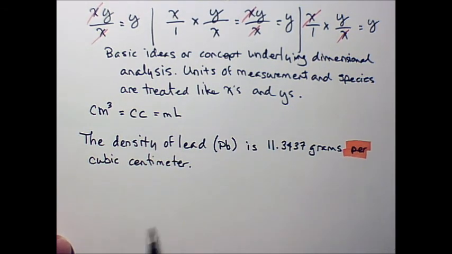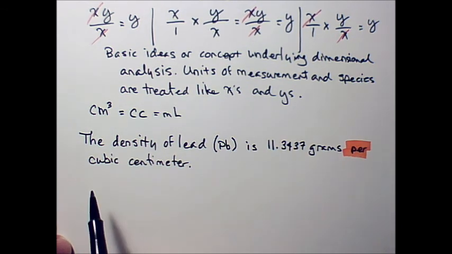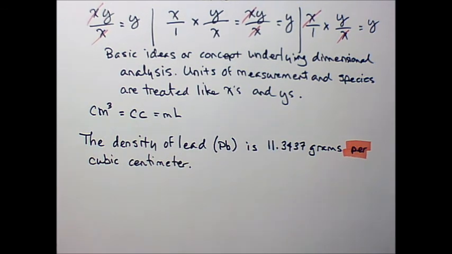That would also mean 11.3437 grams equals a cubic centimeter of lead. Does that make sense? So the word per or the phrase are in, those are clues that the two things are equal. That'll help you a lot in interpreting problems for this class. Now, you'll see some other things too, but hopefully those two will get you started, and you'll pick up the others as we go along.